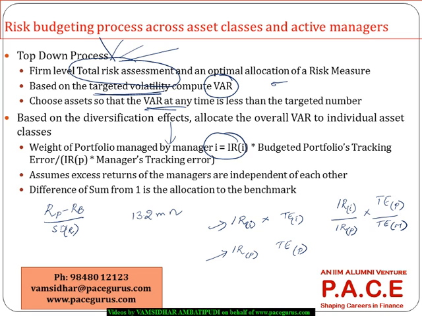And the tracking error of the portfolio is purely budgeted. As a part of your risk budget, as a part of your risk plan, this tracking error of the portfolio will be decided, and you find out the information ratio of each of the managers.